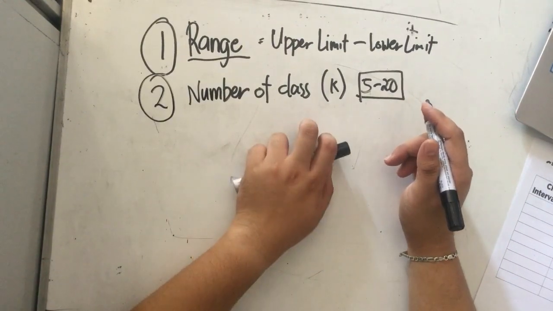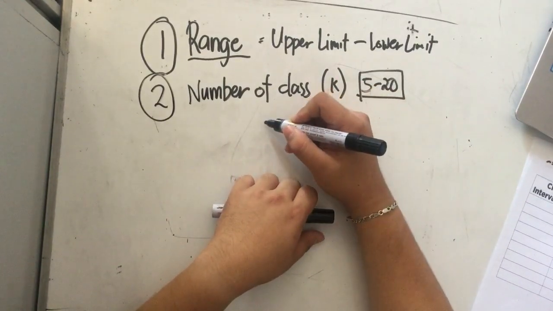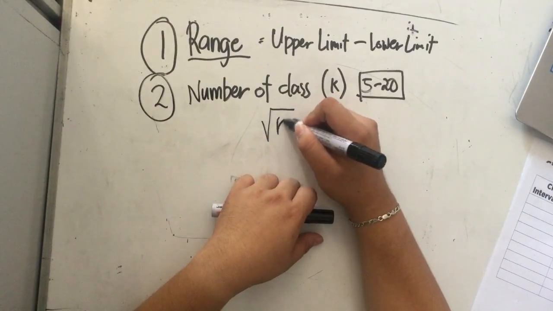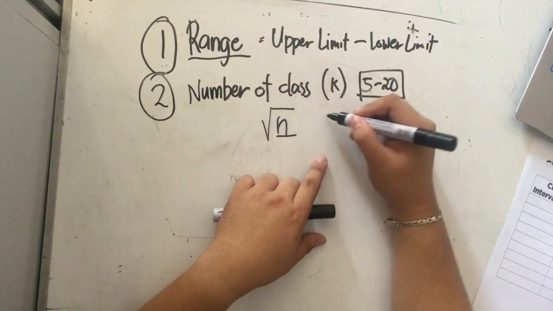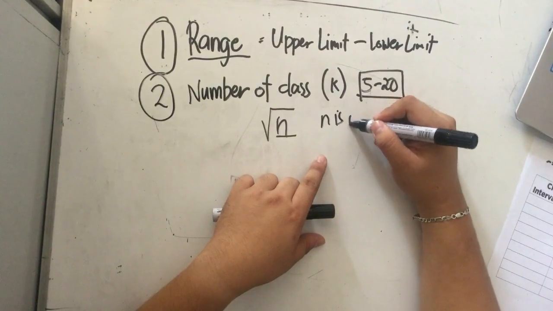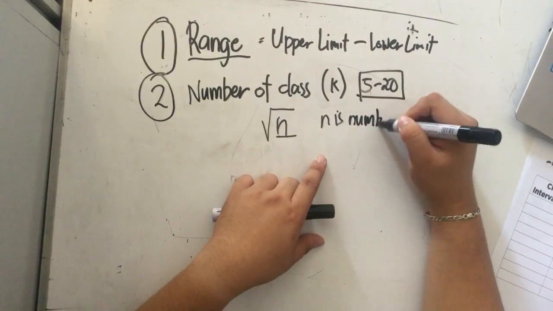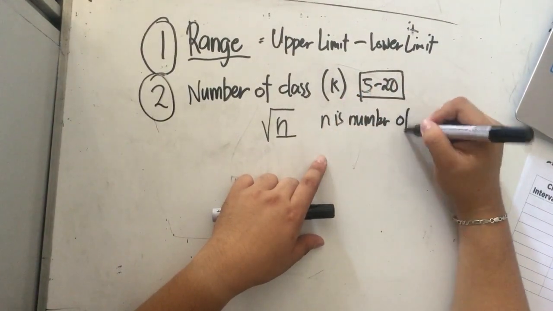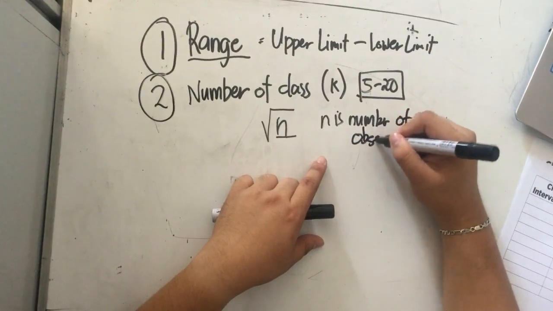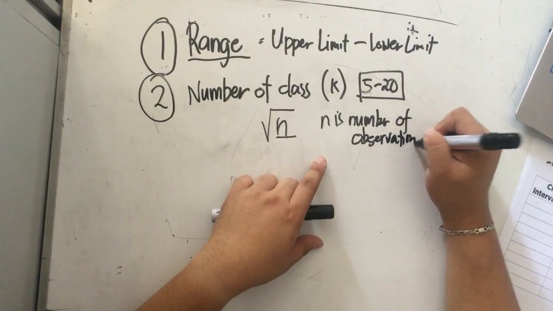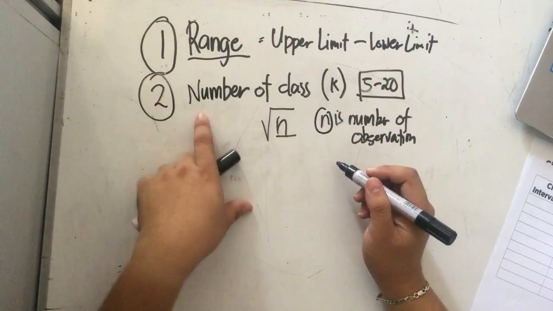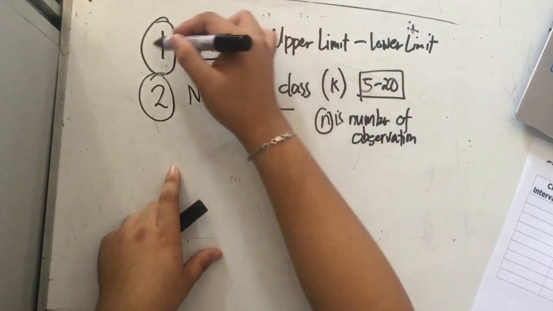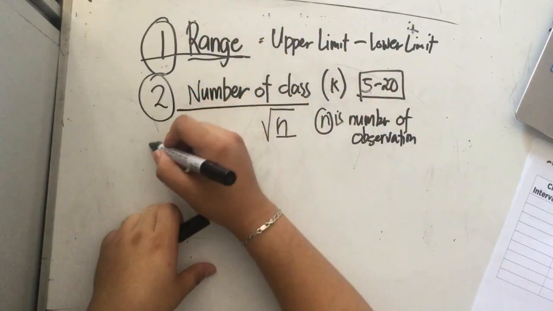We determine our number of class by getting the square root of our n. Alam natin our n is our number of observation. Okay, so ilan ba yung data natin? So that is our n. So doon natin makukuha si number of class. So we have our range, number of class.